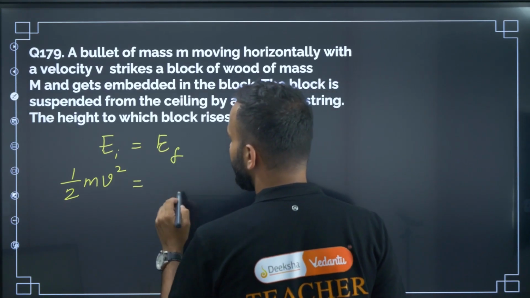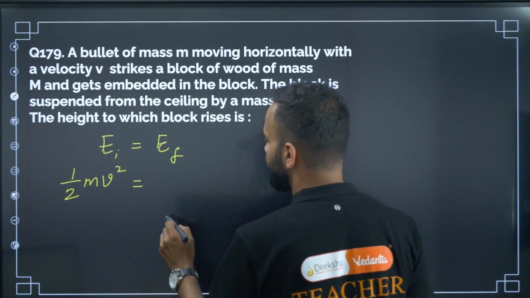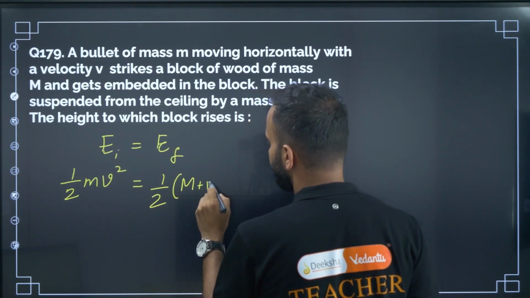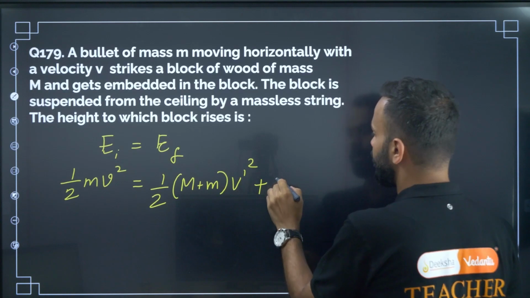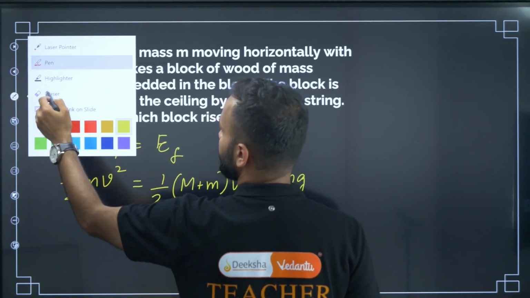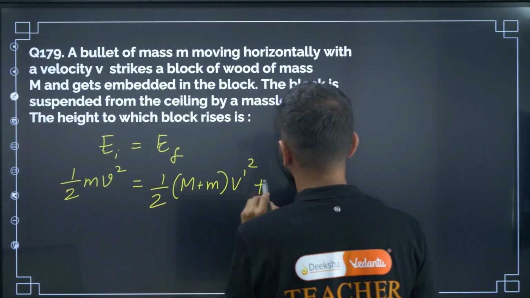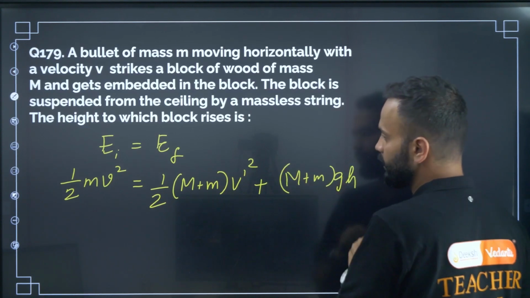This is equal to the final total energy, which is the kinetic energy of the block plus bullet plus the potential energy of the block plus bullet, that is (M plus m) into g into h.